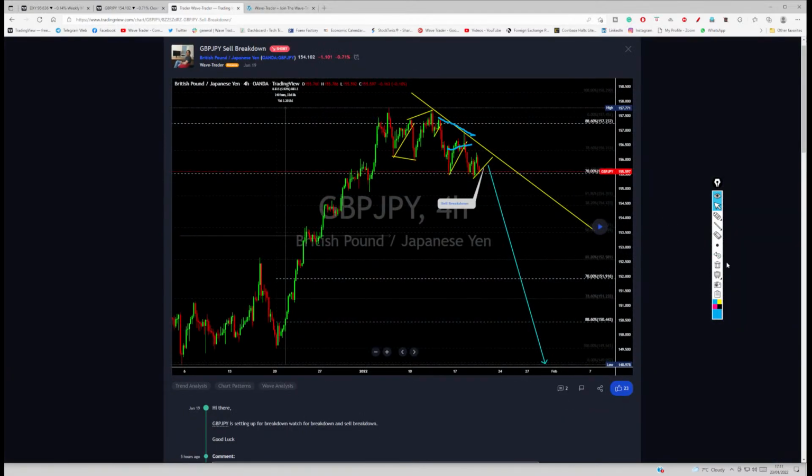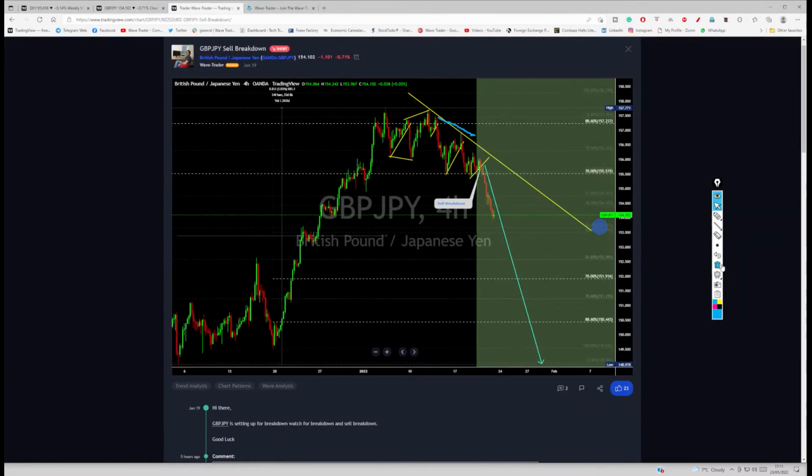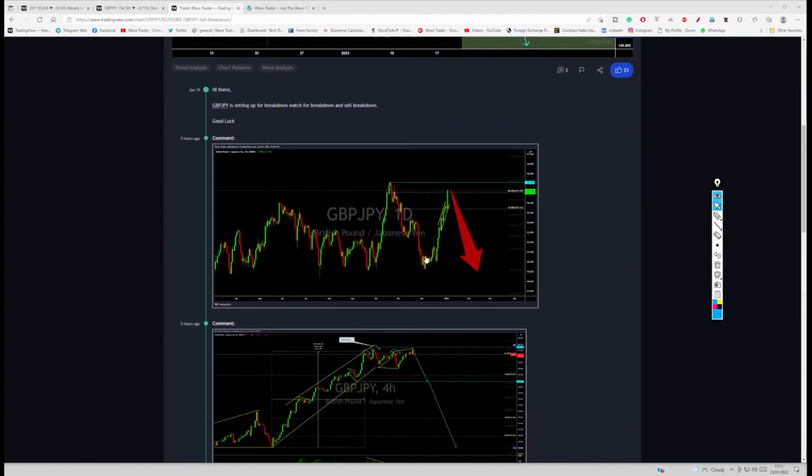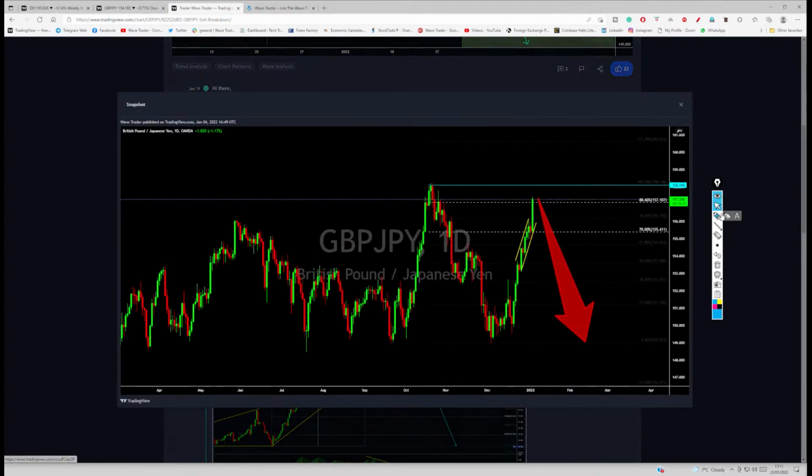Pound yen is also breaking down, heading to the downside for the next leg. Previously we were expecting it to retrace off that bearish wave up to at least 70, or 88. So it has retraced, back to those bearish moves.